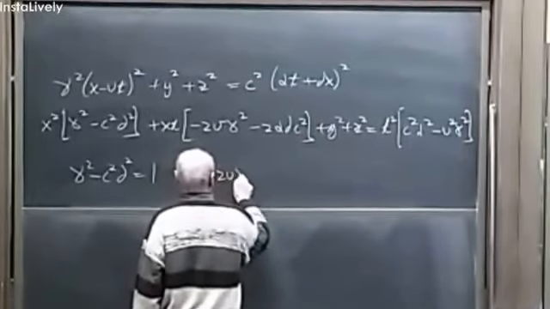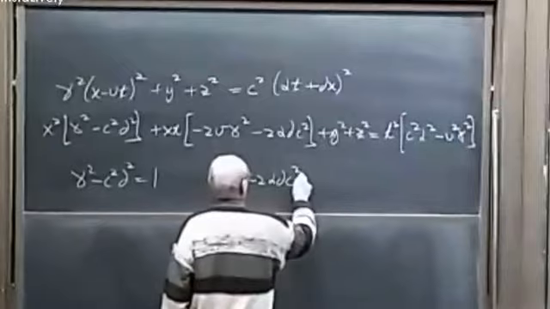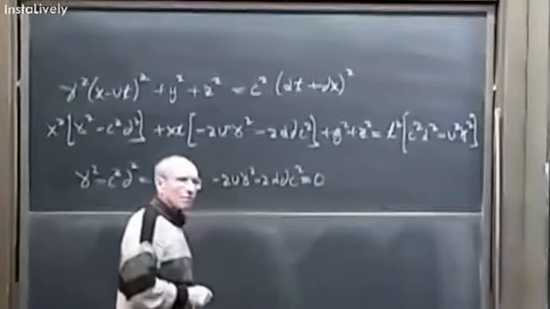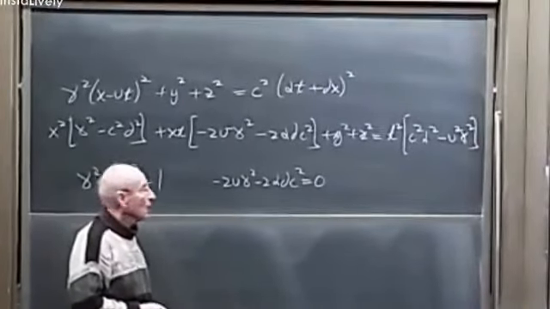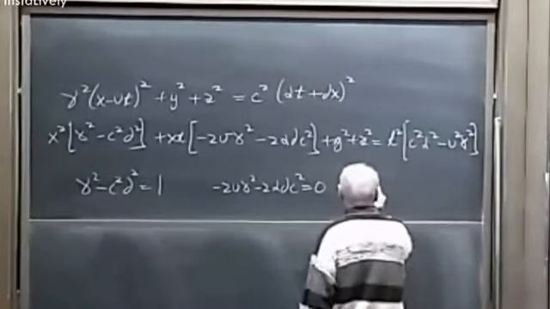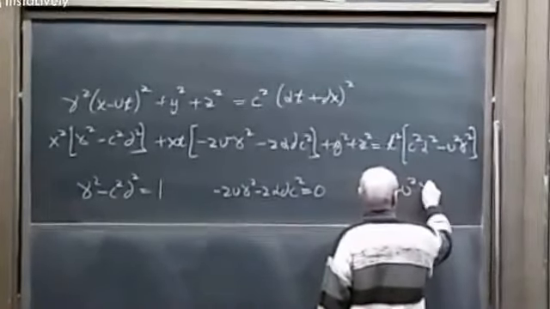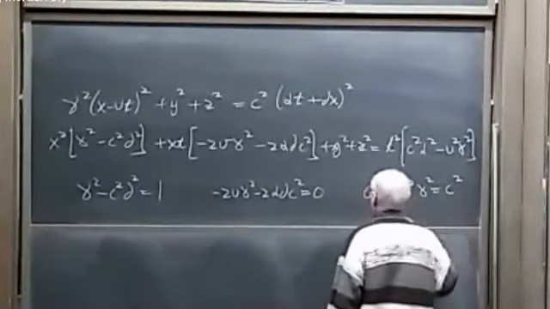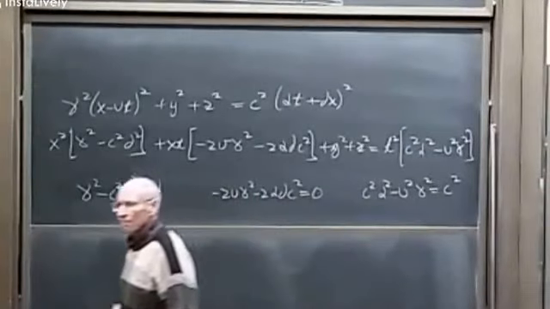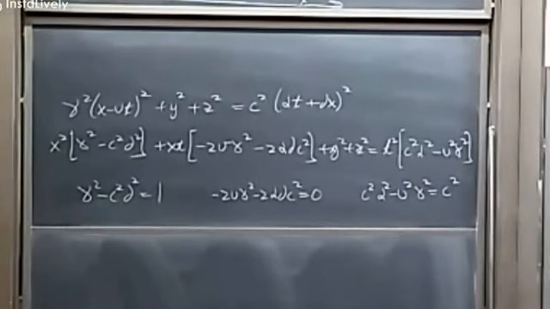Minus 2b gamma squared minus 2 alpha delta c squared must be equal to 0. And this must be c squared. So c squared alpha squared minus b squared gamma squared must be equal to c squared. So we have 3 equations, 3 unknowns, trivial algebra problem.